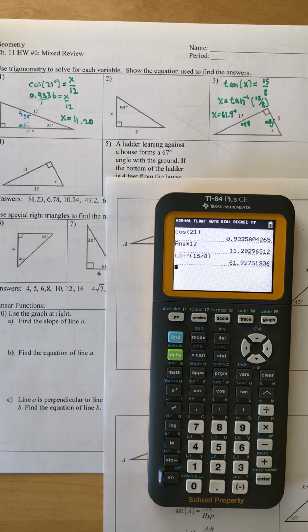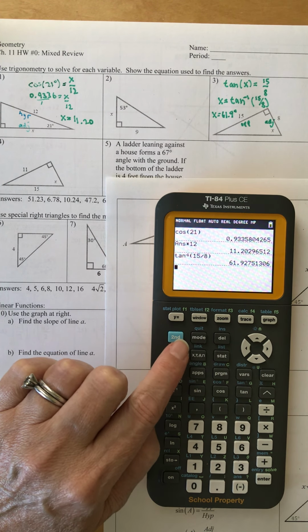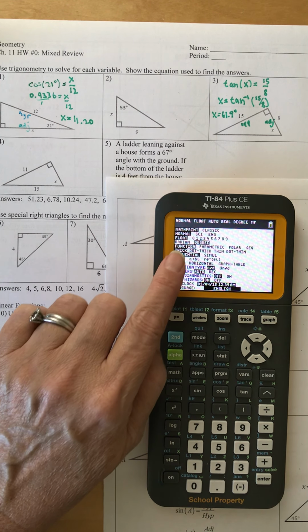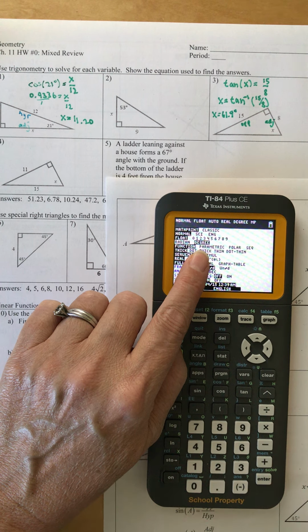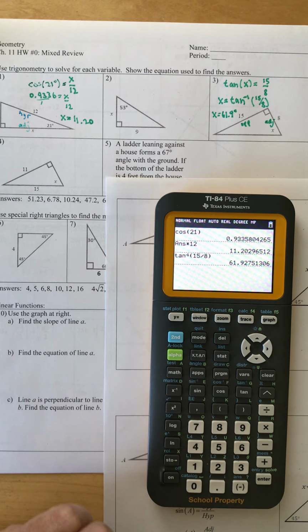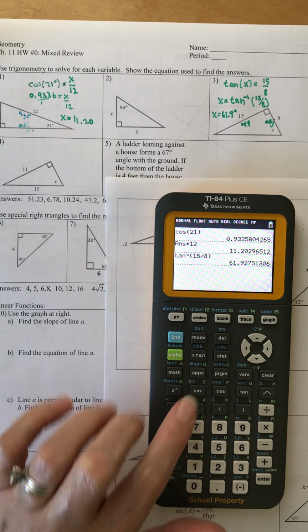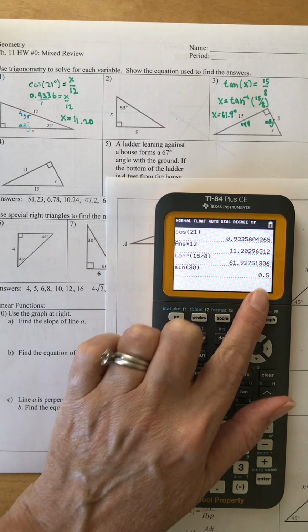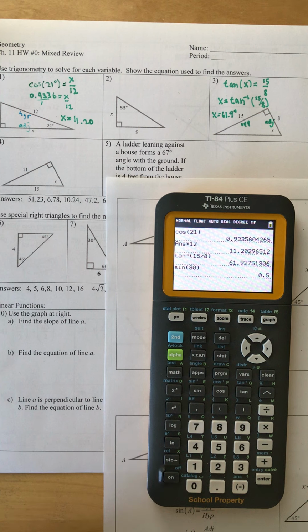One thing to watch out for on the calculator is to make sure that you are in degree mode. On this calculator, the mode key is here, and the angle needs to be measured in degrees. A quick check to make sure that you are in the right mode is if you press the sine of 30 degrees, you should get 0.5 or 1/2.